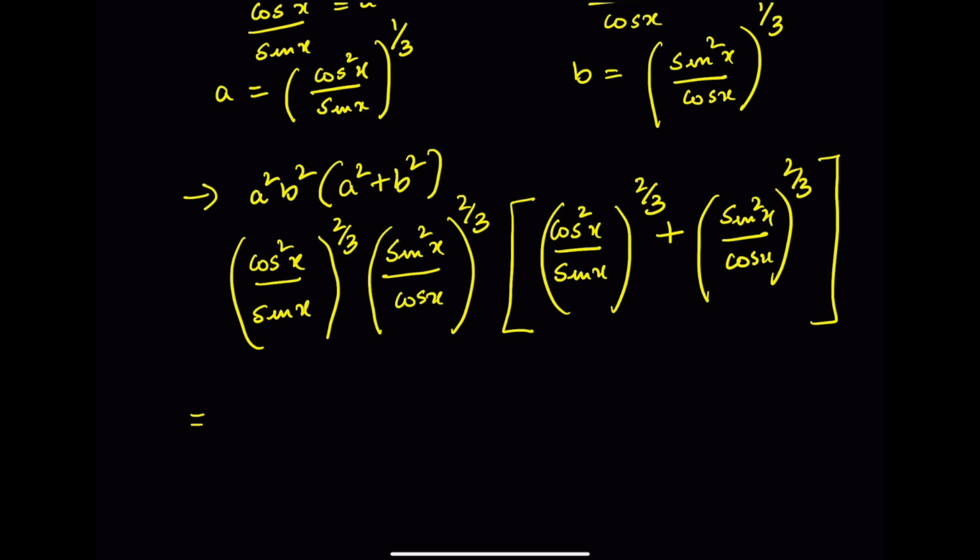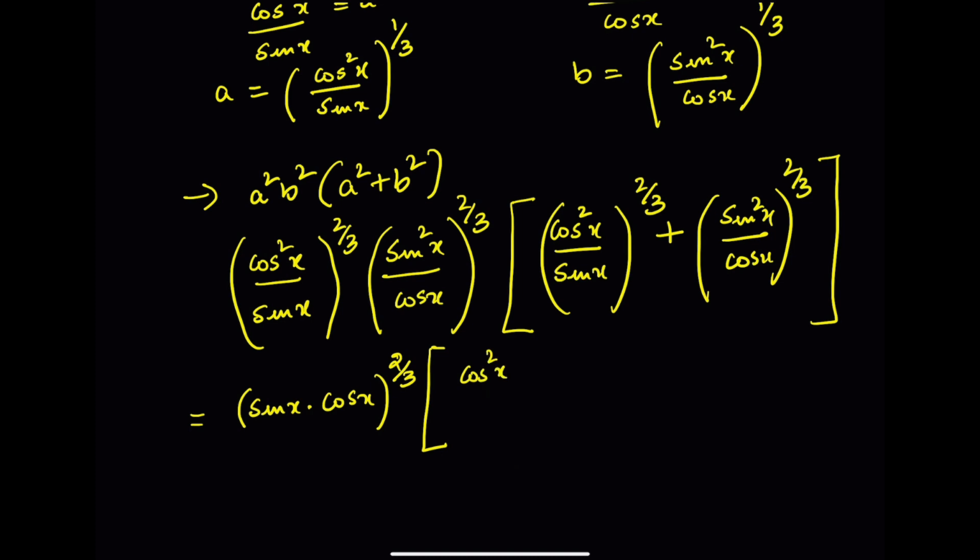Now what we can do is, by cancelling out, we would get sin x times cos x to the power of 2 by 3, because one of the sin x 2 by 3, one of it gets cancelled. We will remain with only one in the denominator, which is sin x times cos x to the power of 2 by 3.